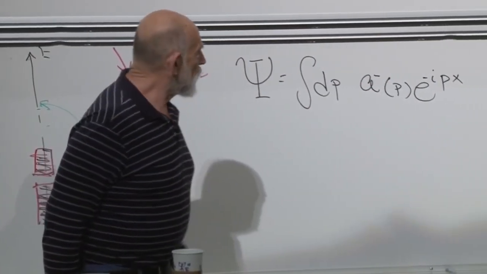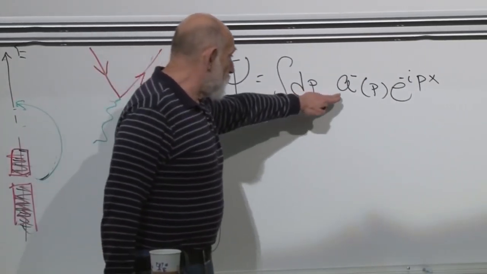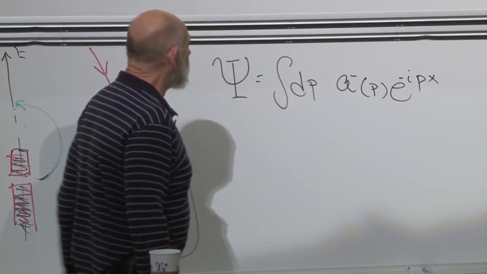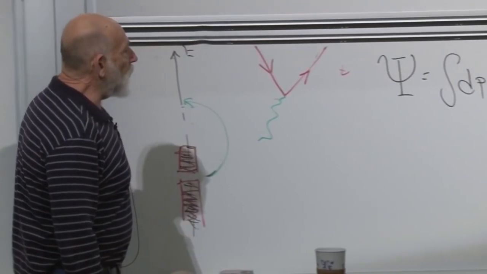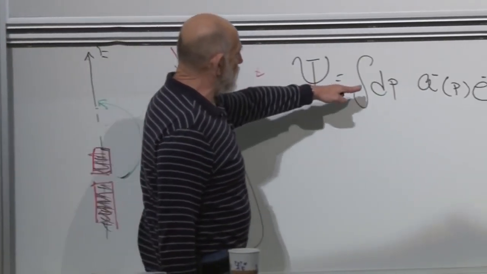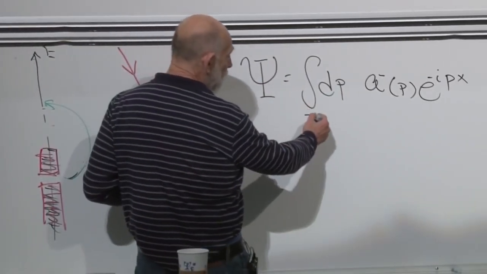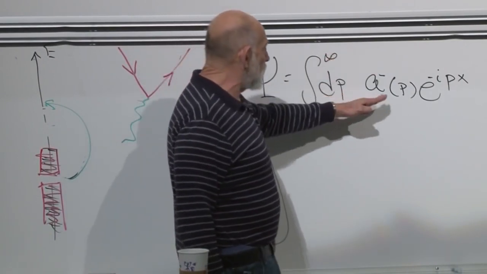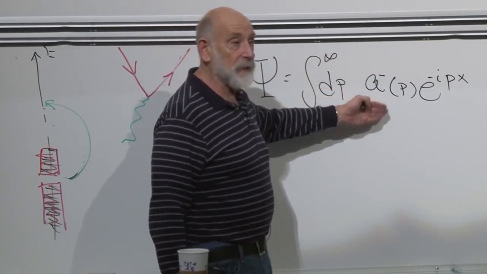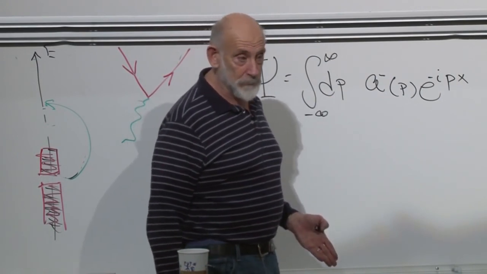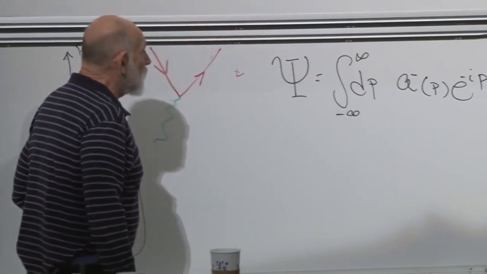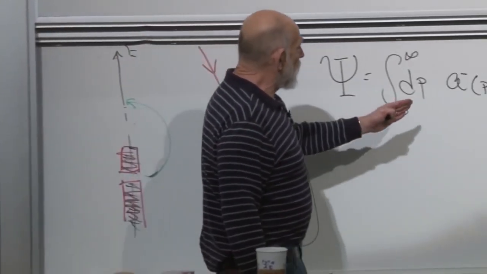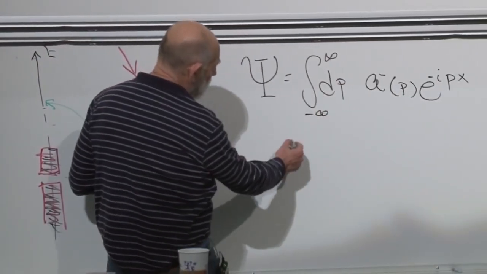But now, these are fermion creation and annihilation operators. They anti-commute with each other. Well, what do we integrate p over? We integrate p from minus infinity to plus infinity, but that means that there are negative energy particles in here, because negative energy corresponds to negative momentum. Let's divide it up into two pieces.